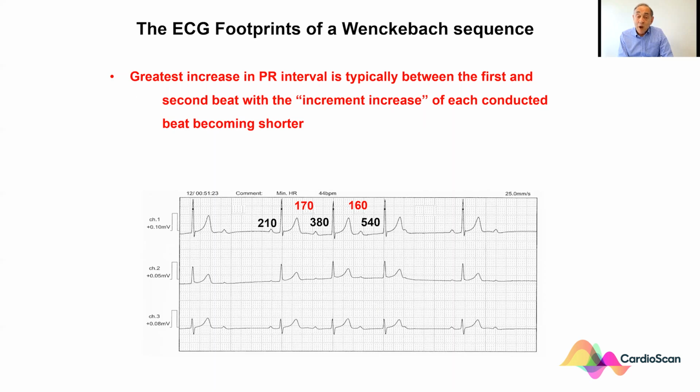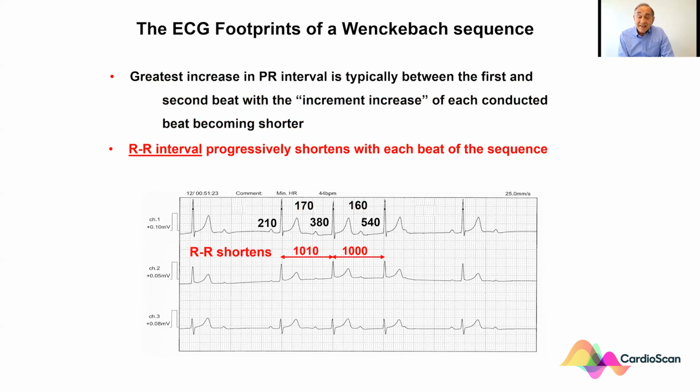The difference was 170 milliseconds, whereas the next one at 540 made the difference between 380 and 540 only 160 milliseconds. And this is the typical classical feature of this. As a result of this, the RR shortens from 1010 to 1000 milliseconds because of this 10 millisecond difference.